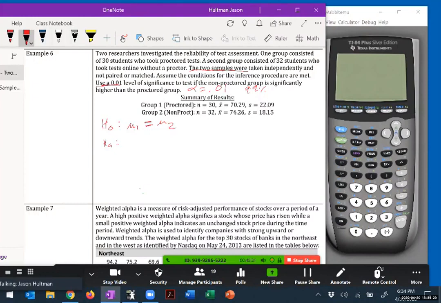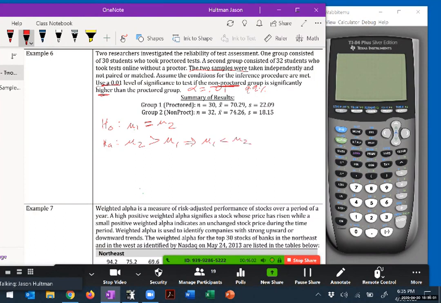And then, what do we want to know? We want to know if the non-proctored group is significantly higher. Well, which is the non-proctored group? That's group 2, right? So we could write this as mu2 greater than mu1. The only problem is that I want to compare apples to apples, so I actually have to translate this into mu1 is less than mu2.